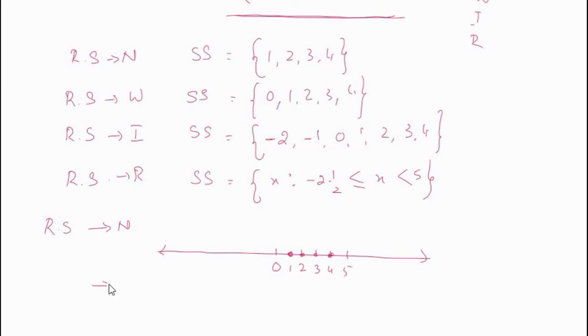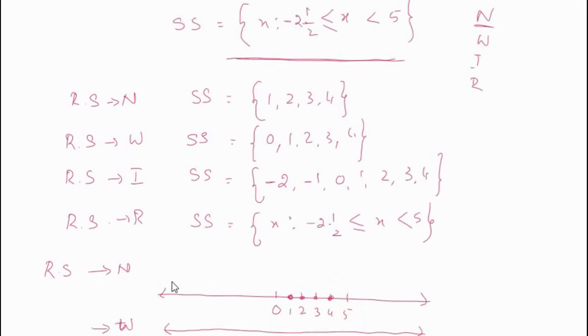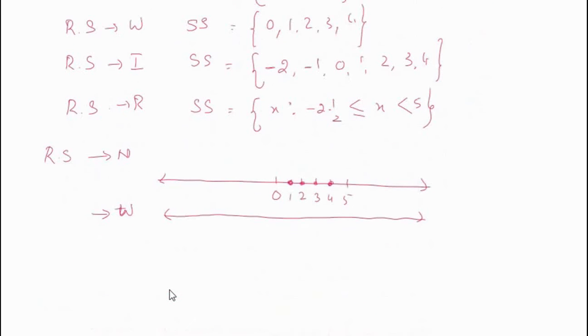Suppose the replacement set is whole numbers. This is much simpler to draw, because once you have drawn it for natural numbers, it is just an extension of that.